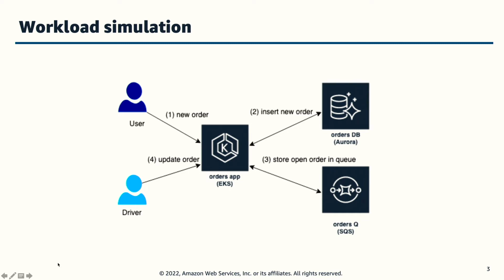But let's spend a few minutes on the workload simulation. We've built a sort of last mile delivery system. It's fairly simple. You have users placing orders in the system, and then there are actors within the system that can fulfill the order. In this example, a driver picks up the order and updates the status of the order.